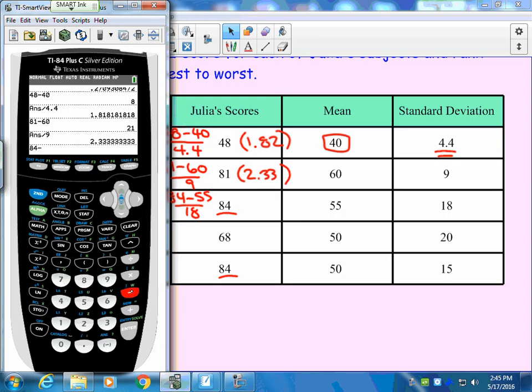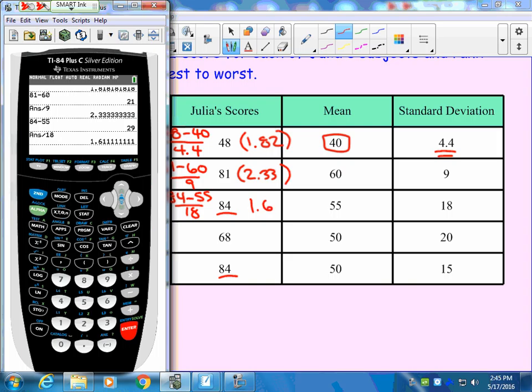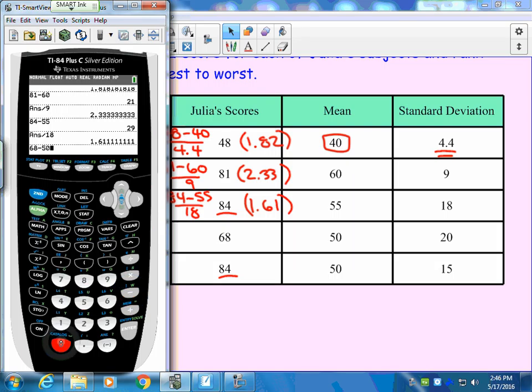84 minus 55. Enter. Okay, now that's a big spread, but notice that we're dividing by 18, which really shrinks down that value. It was her largest raw score, but it's not her largest z-score overall. Okay, and then we finish up 68 minus 50.